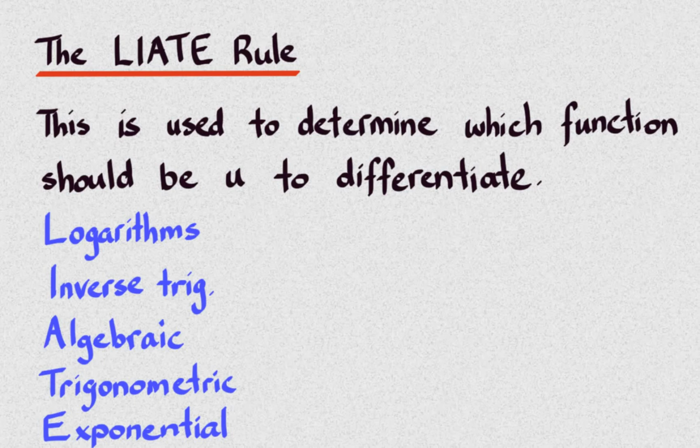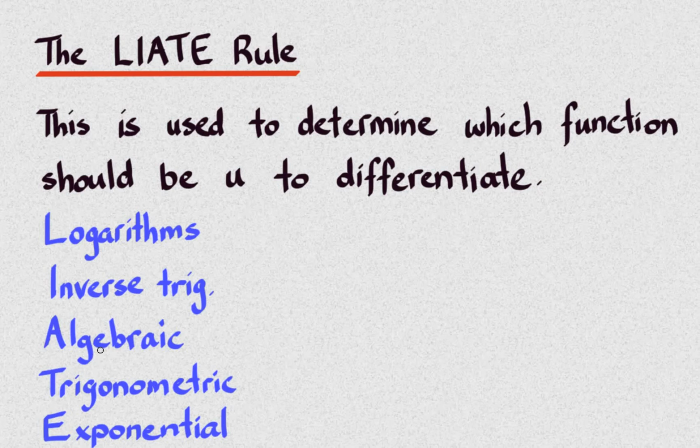So if we think about the reverse order of this, when we start down at exponential and trig, they're really easy to integrate. We know how to do those easily. So that's why we want these guys to be the v dash, because we can integrate them. Algebraic functions, we can integrate them, but like that first example we did, we know that their powers increase when we integrate.